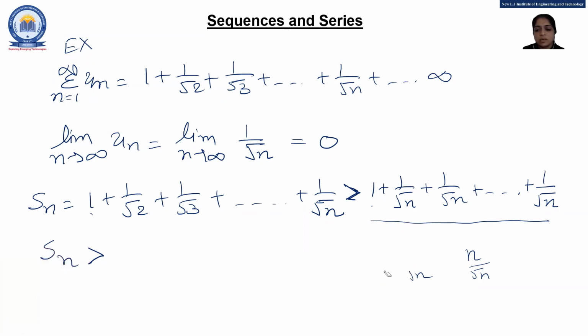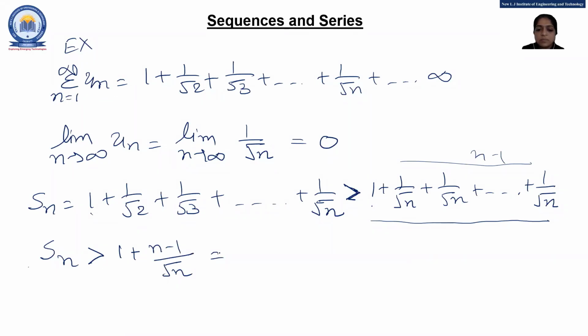Okay, so if you are answering by the book directly, then there is a mistake. Students, here this is 1. Now this 1 upon root n, 1 upon root n, this is n minus 1 times, right? So here n minus 1 upon root n.